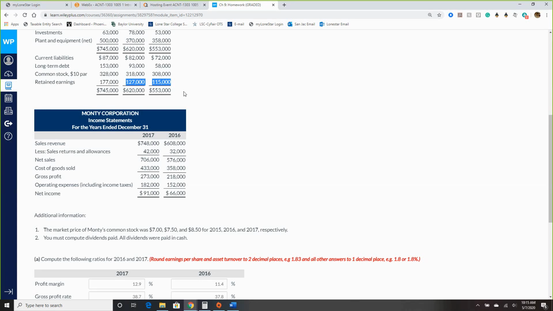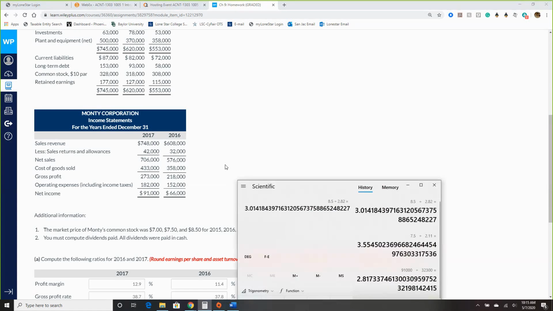So we're going to do a basic one. So if I have 115,000, that's 2015 retained earnings, and this is 2016, so we'll figure out 2016 dividends that were paid, because we're figuring that's what they're calling all declared.